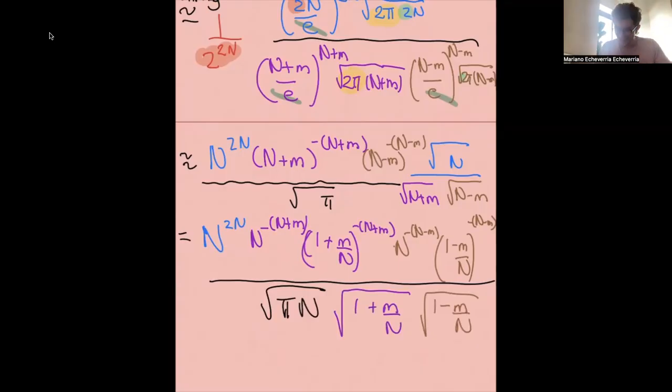So now what will happen next is that if you count powers, when you multiply this thing with this thing, the n's cancel, so you get n to the minus 2n, which cancels this precisely, okay?